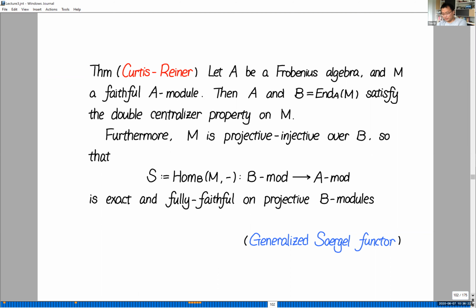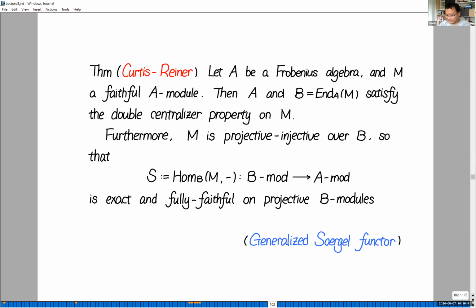Although I don't know what their motivation was in studying this context. It's about modular representation theory, but they didn't have categorical actions in mind, and it's just amazing that they already had this result. And strangely, it's not so well known.